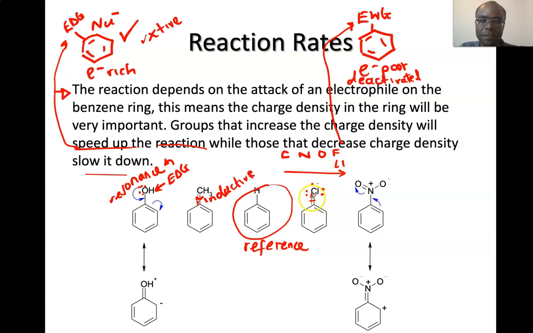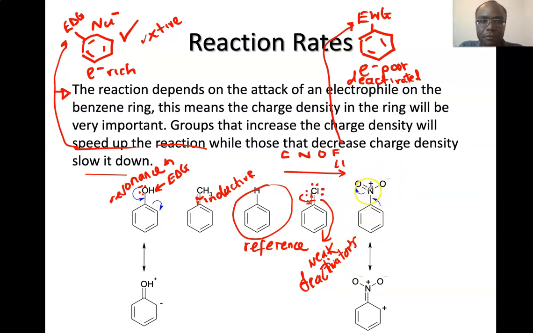So as much as chlorine is sucking electrons out of the ring, deactivating it, yes, that effect is cancelled by the electrons which can be donated into the ring. So that makes halogens weak deactivators, because as much as they're pulling electrons out of the ring, they do have lone pairs that can be donated back into the same ring. So they are weak deactivators.